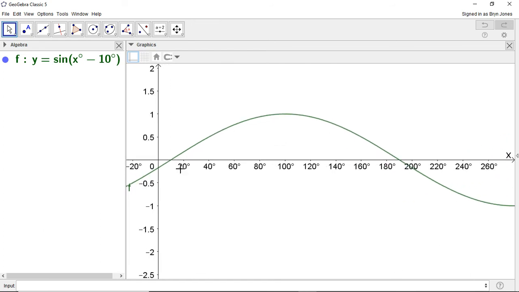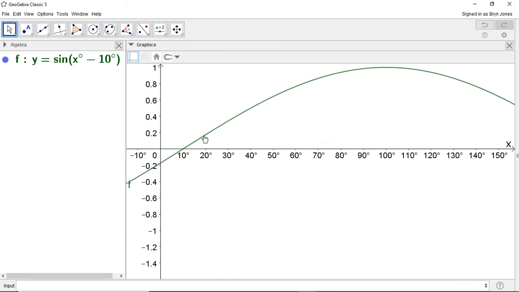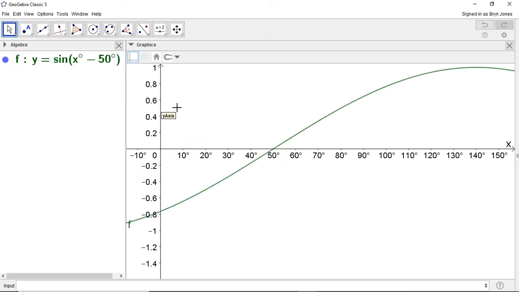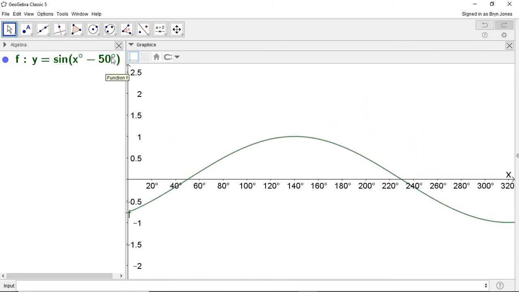So instead of starting at 0, it starts at 10. Okay. If I was to take 50, what's going to happen is this graph's going to shift over, and instead of starting at 0, it's going to start at 50. Do you see what I mean? The sine wave is starting at 50 degrees.